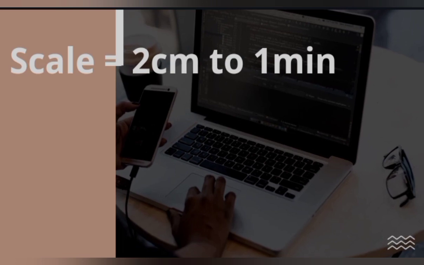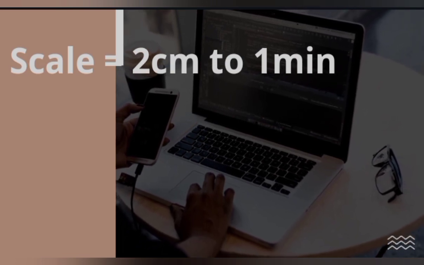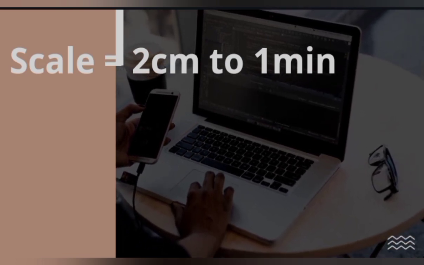So if you want to write this, remember that one large box on the graph, if you use your meter rule to check the length, measures 2 centimeters. So if one large box will represent 1 unit, which is 1 minute, instead of writing one large box, we write 2 centimeters.